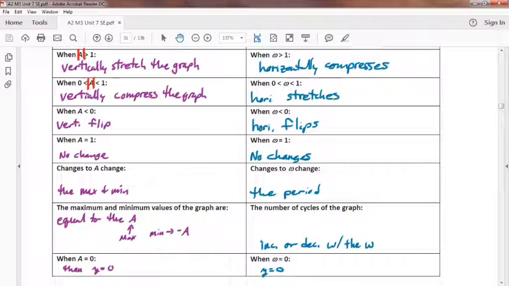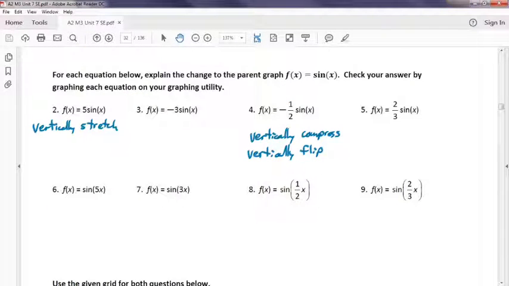Okay? And then that's it. We're not going to put absolute value on this A because we need to know if it's negative or if it's positive. Okay? And plus, that would never be able to happen, an absolute value being less than 0. So that means when we come to this, we should have a vertical flip. I'm going to say vert flip and a vert stretch.